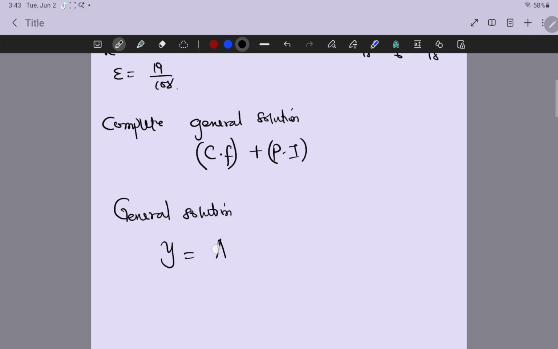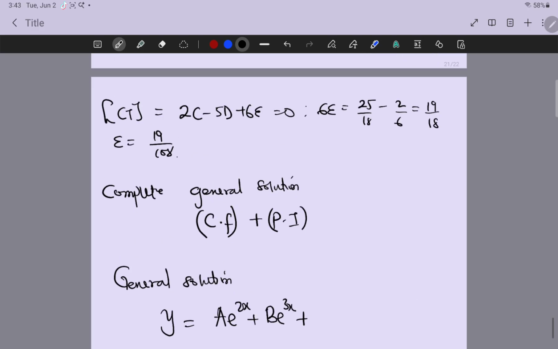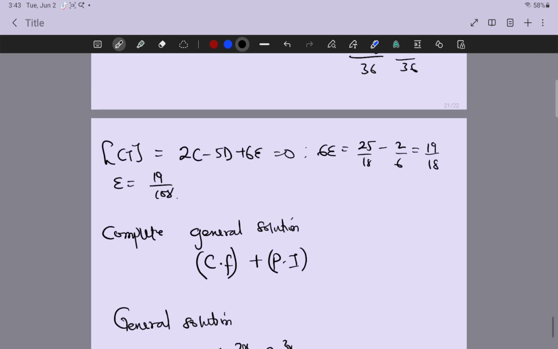So your general solution will be y is equal to Ae^2x plus Be^3x plus, so what's the particular integral now? Our particular integral, I didn't finish that part. So the particular integral here is x squared over 6 plus 5x over 18 plus 19 over 108.